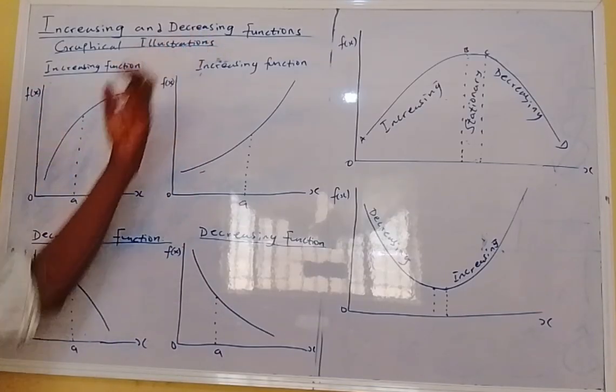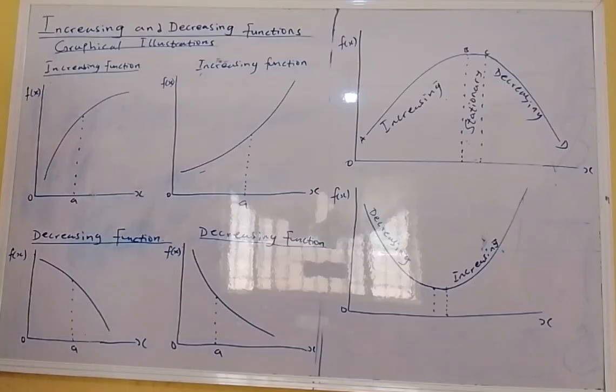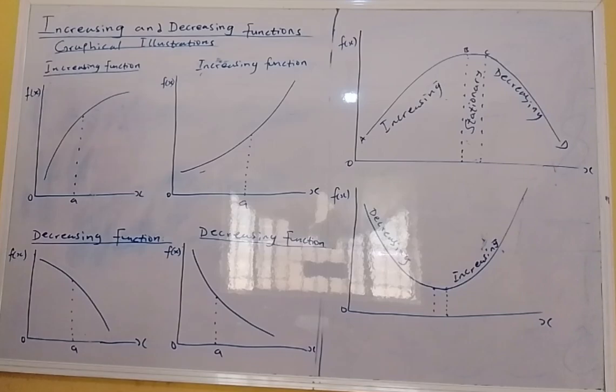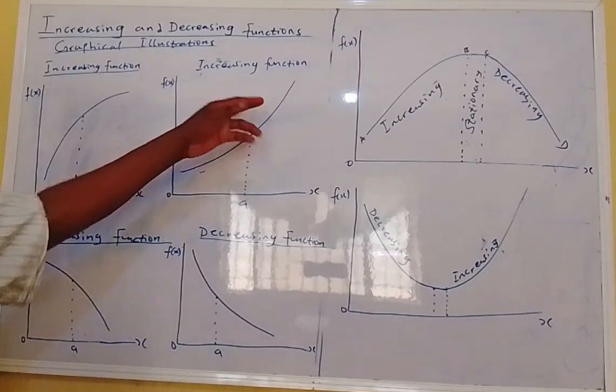So let's also look at another version of an increasing function. Don't forget what I said earlier: once we move from the left to the right and we observe that within the vicinity of that particular point the graph is increasing, or the graph is rising, we say the function is an increasing function.